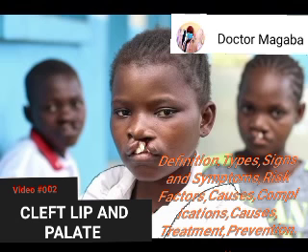They have a challenge in the ability to express or use expressive language. You get it? And they may have what we call soft voice syndrome. Please note all those things and take them as very important as far as cleft lip and palate is concerned.